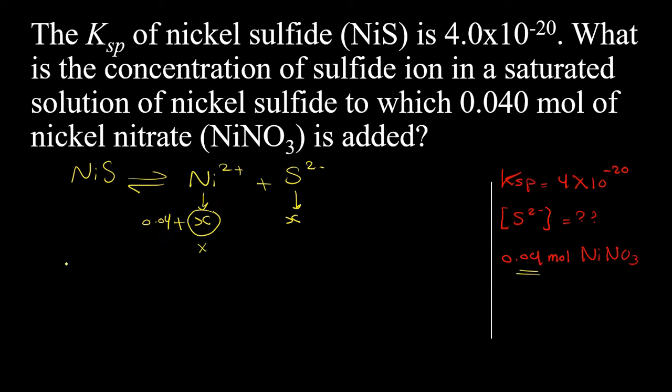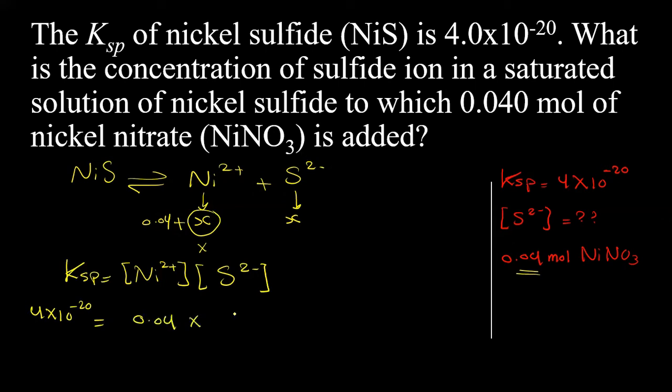So I'll write the equation for Ksp. Ksp equals the concentration of nickel multiplied by the concentration of sulfide ion. So Ksp, 4 × 10^-20, equals the nickel concentration 0.04 multiplied by the unknown concentration of sulfide ion.